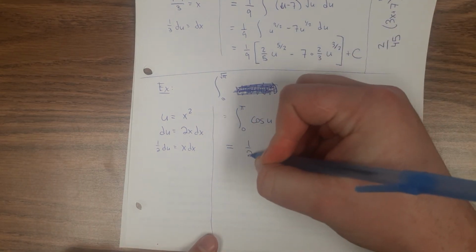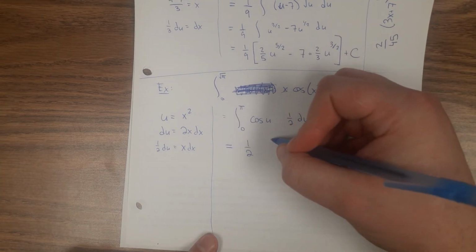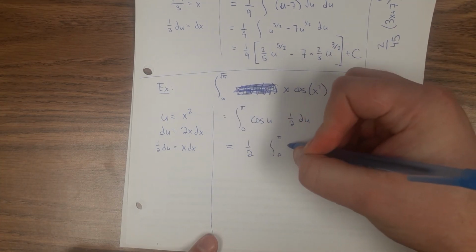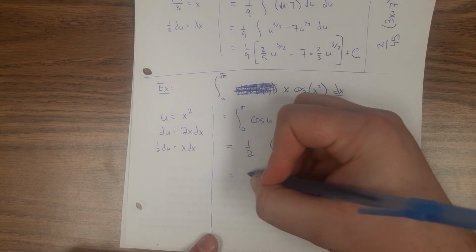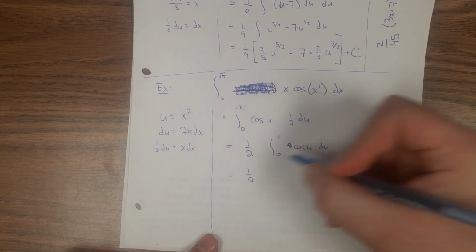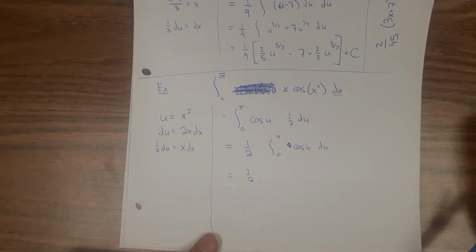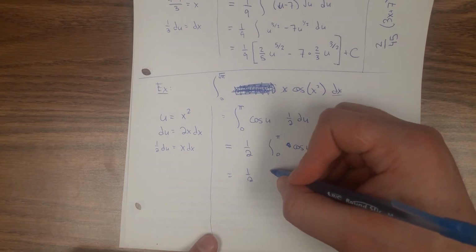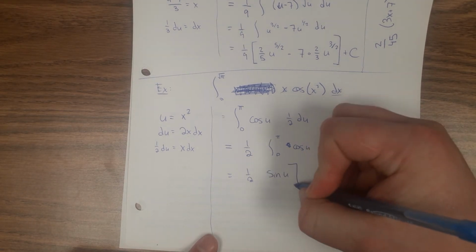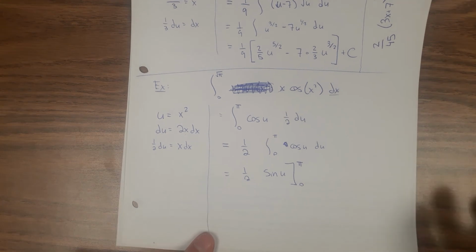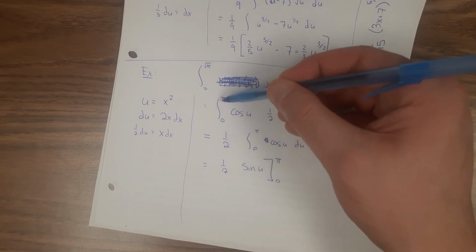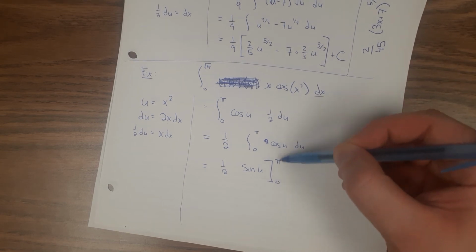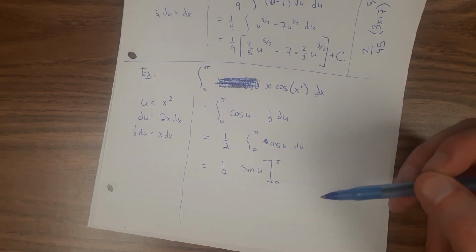Great. Okay, so then I can pull the 1/2 out. Antiderivative of cosine u is on the table. Antiderivative of cosine is sine. Because I changed my limits, these limits go in directly for u.